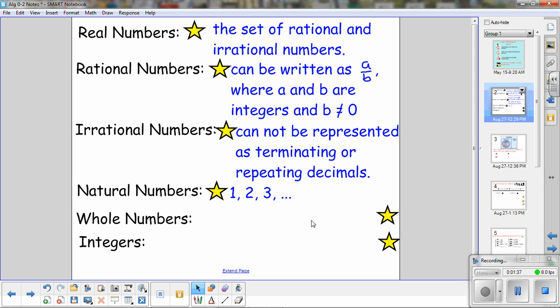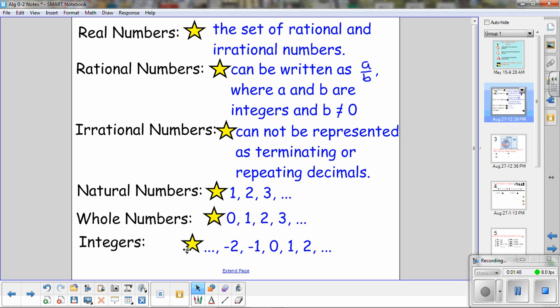Whole numbers are all of the natural numbers plus 0. Then integers are all of the whole numbers and their opposites. So you have 0, 1, 2, 3, and so on, but then you also have -1, -2, -3.